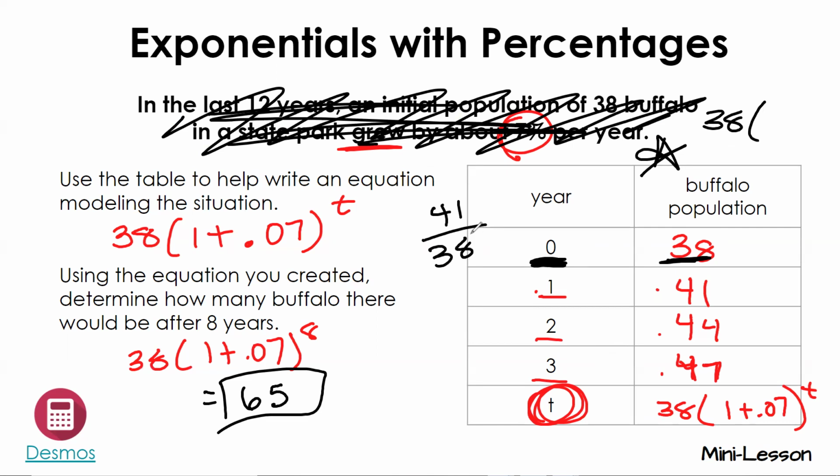What number did you get? And look at what we have right here listed in the parentheses. Yeah, 1 plus 0.07. There it is right there. So we can write our equation even though we don't have the words written out. Yes? We okay on that? Okay.